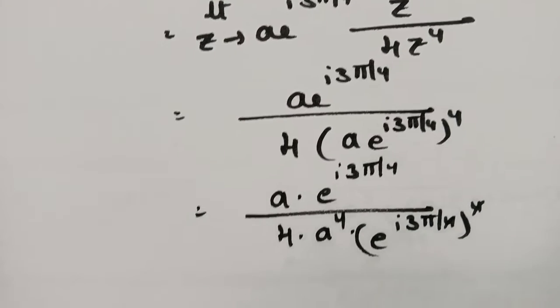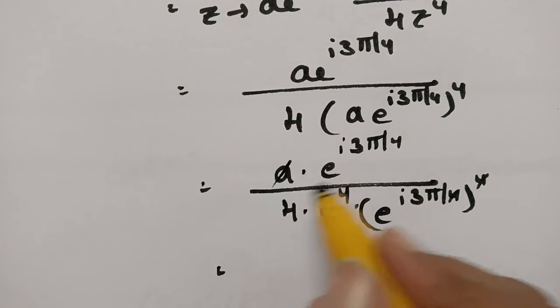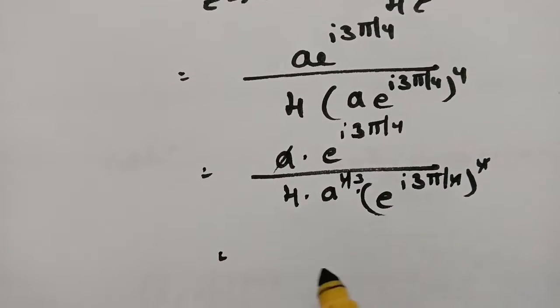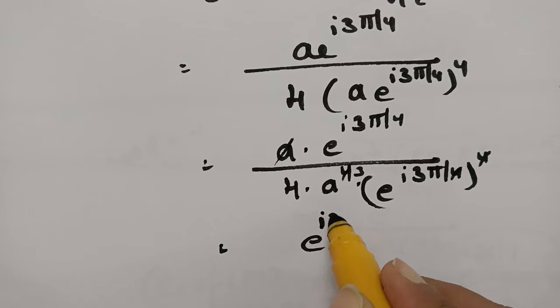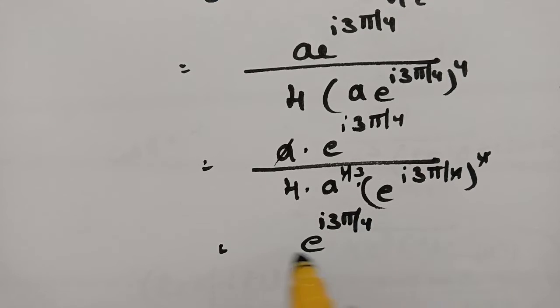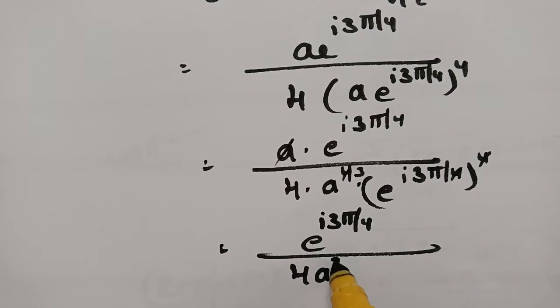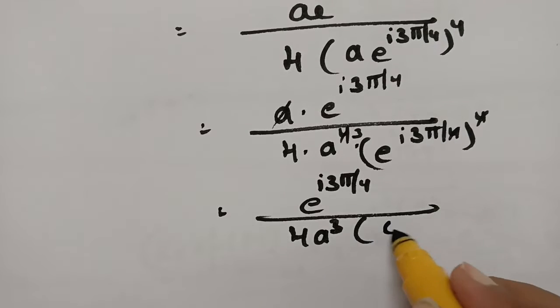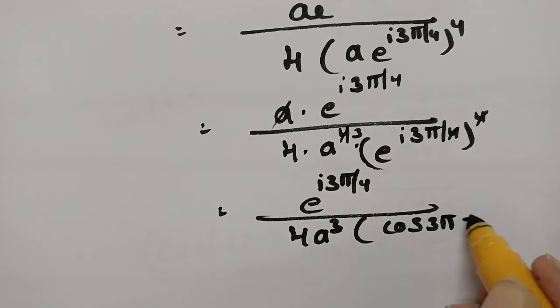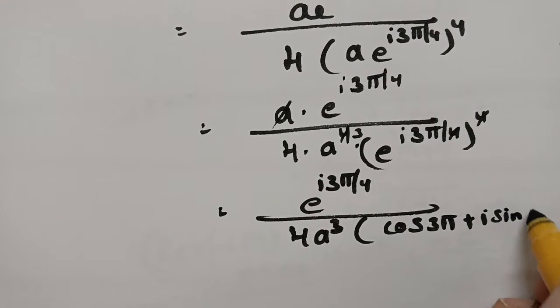If I cancel one factor, this will be the cube, so e^(i3π/4) by 4a^3, and this value is nothing but cos 3π + i sin 3π.